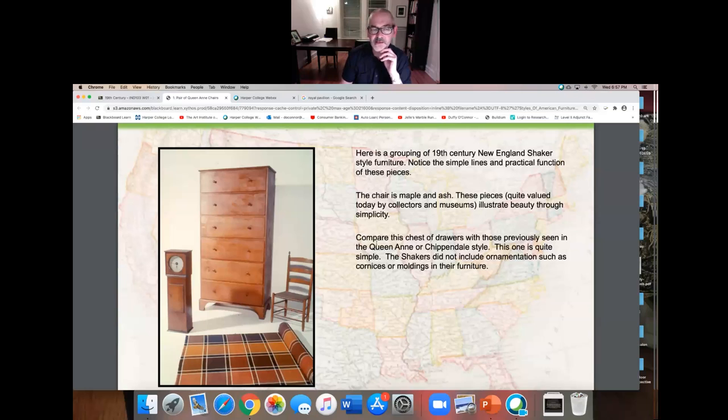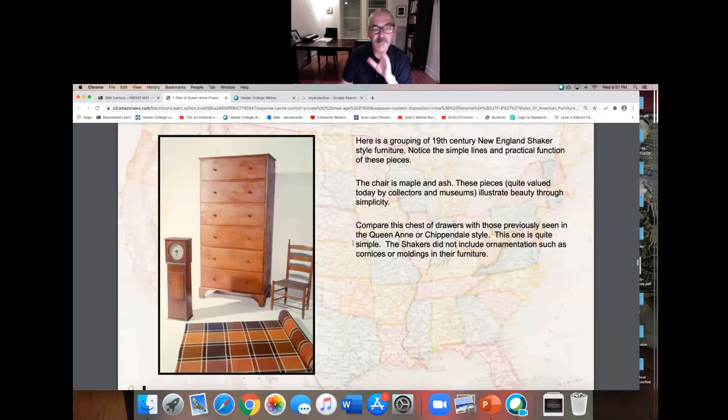And so they ended up making this extremely beautiful utilitarian furniture with very simple drawer pulls. It's very unique. It's almost like modernism before there was modernism, and not for the same reasons. But this idea of stripping away the ornament because it was really not necessary. You don't need the ornament for the furniture to function as a chair or a dresser or a table.